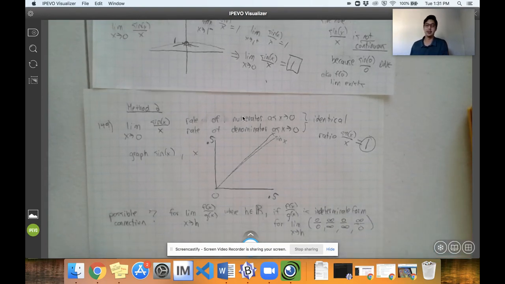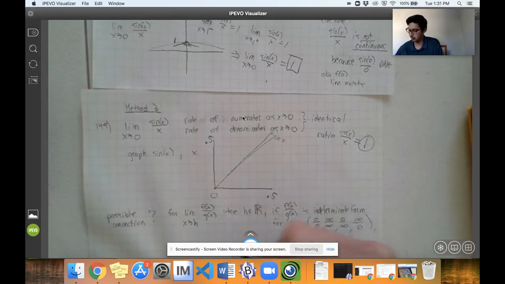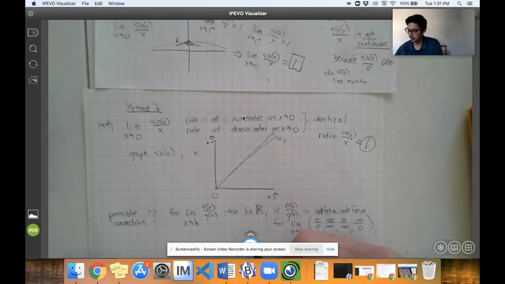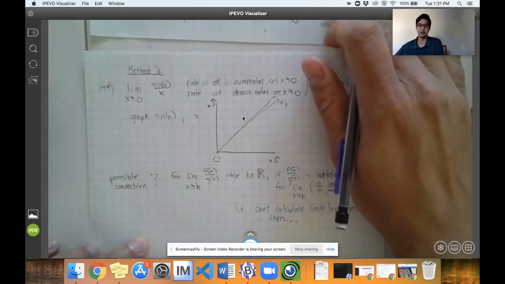All right. In other words, if you can't calculate the limit by substituting, then dot, dot, dot, I don't even know if you saw that.